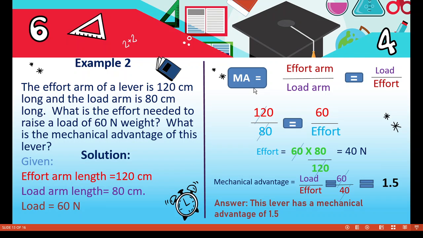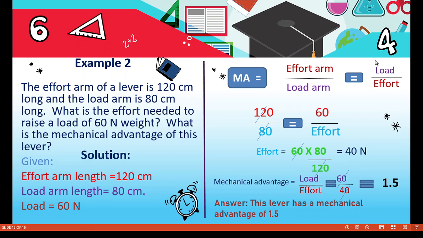Okay, so the formula for mechanical advantage is load by effort or effort arm by load arm. So we are taking this formula. So effort arm 120, I am replacing this value from here. 120 is the effort arm length, so 120 in the place of effort arm. The given load arm value is 80 centimeter, so I am writing it here in the place of load arm.